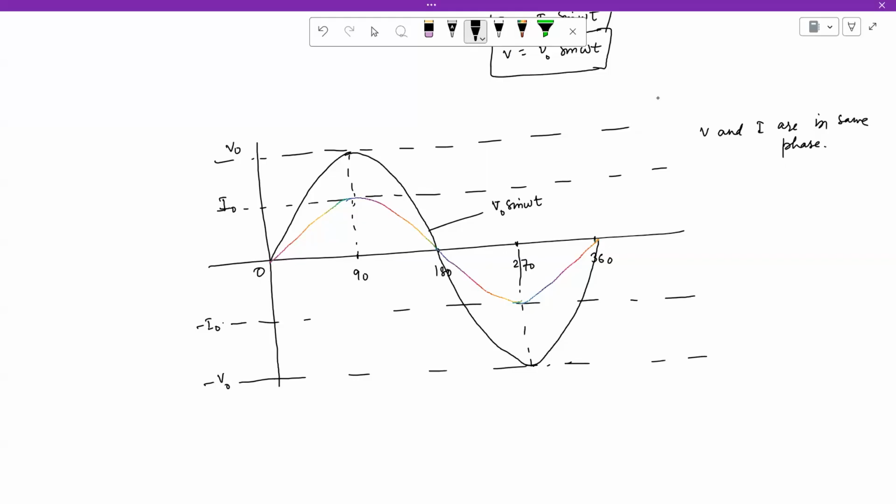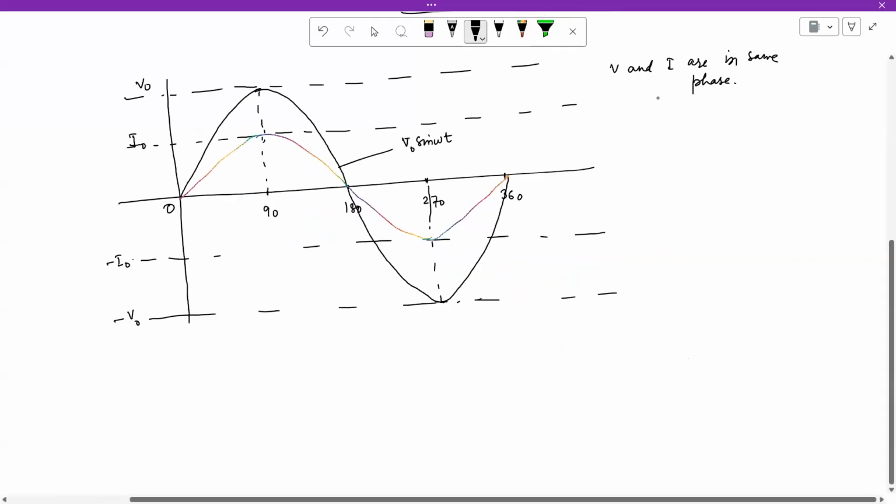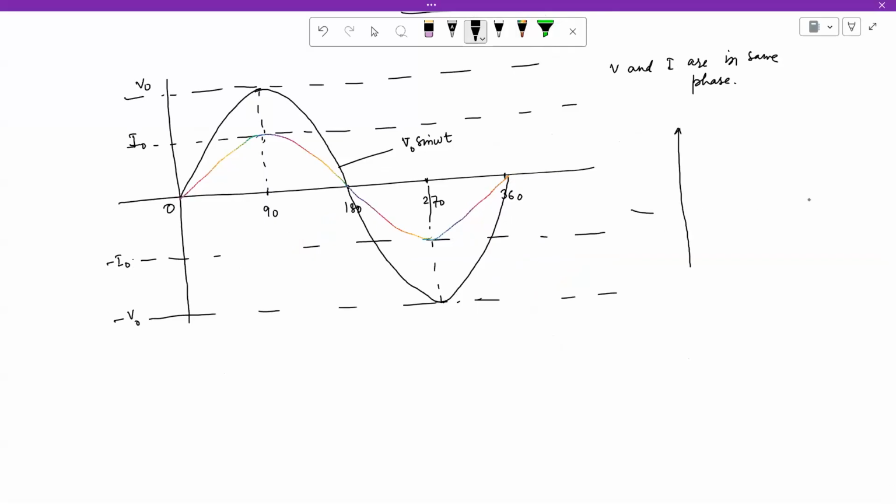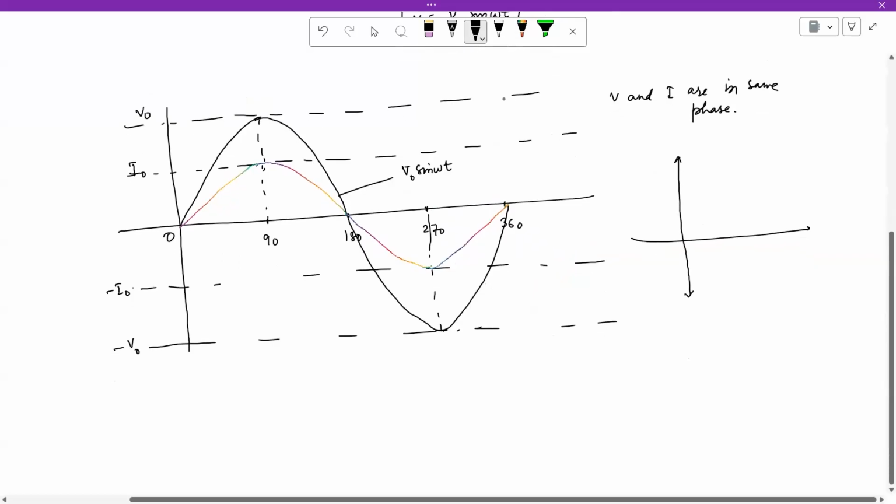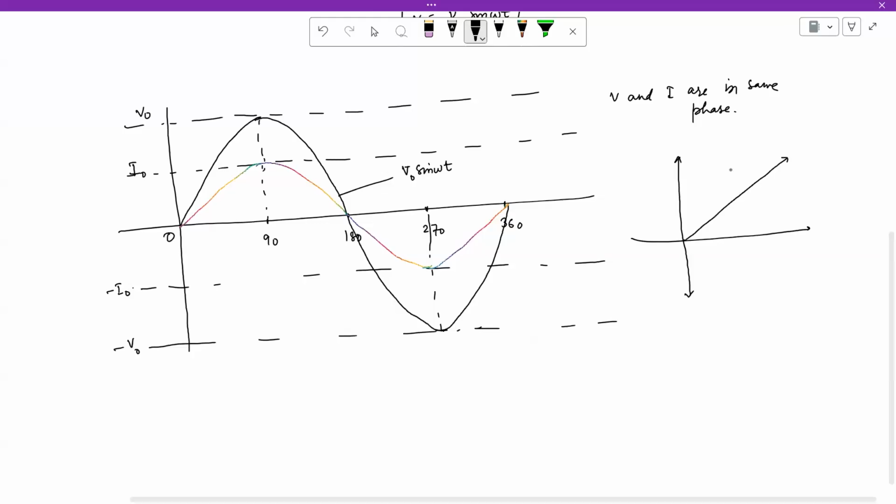And if I draw the phasor diagram, let's say this is V naught sine omega t. So this is the amplitude V naught, right? This top is V naught, and this angle is omega t.